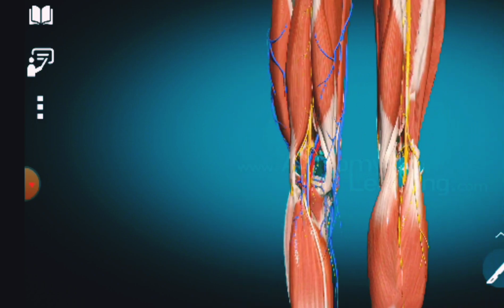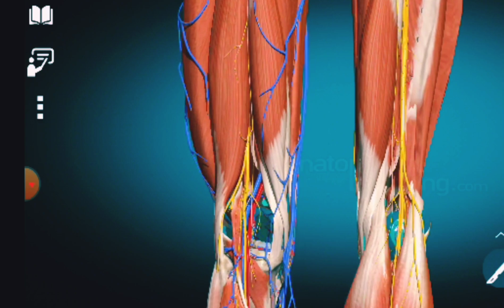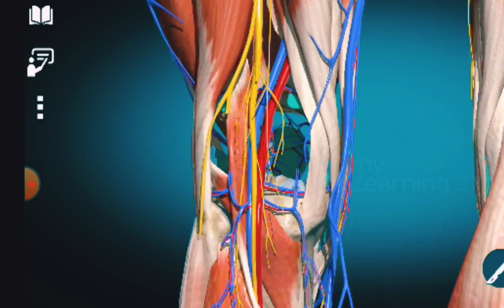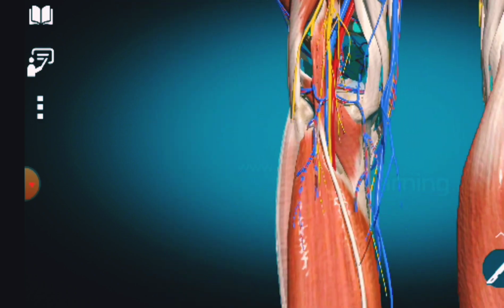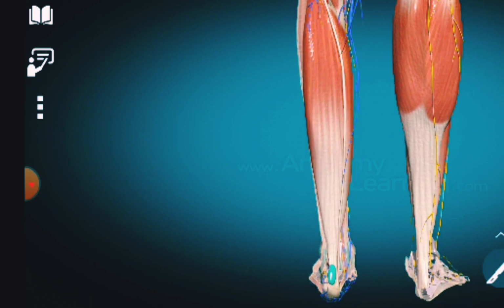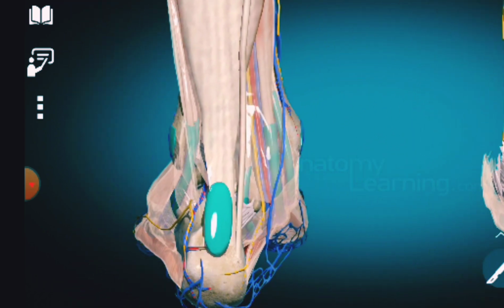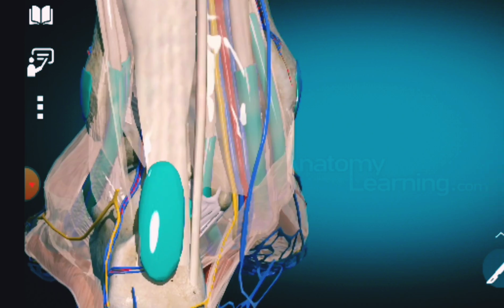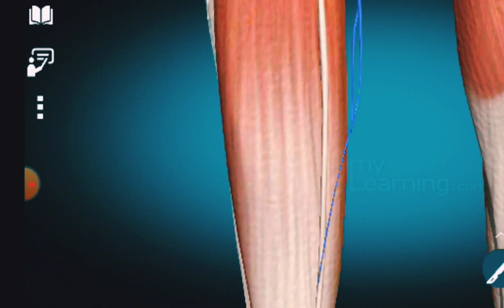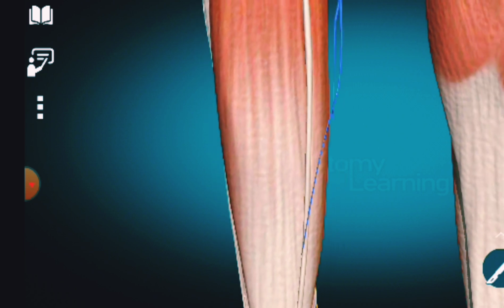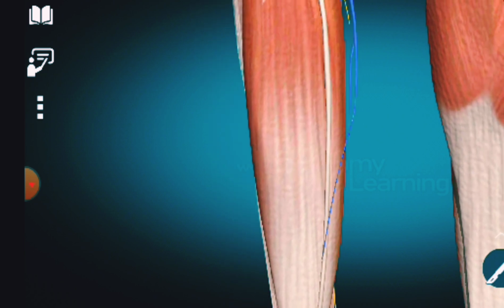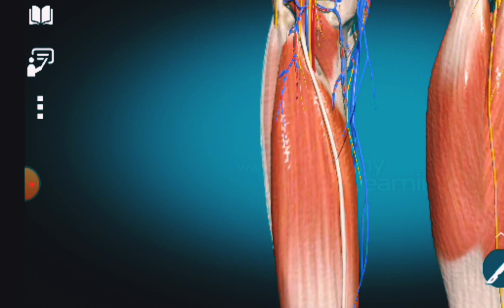After originating from the lateral supracondylar line, this muscle will give off a long tendon, and this long tendon will also insert into the posterior aspect of the calcaneus. But just know that it also blends with the calcaneal tendon, the Achilles tendon, only that here it has not been so well defined. So that is our plantaris muscle.